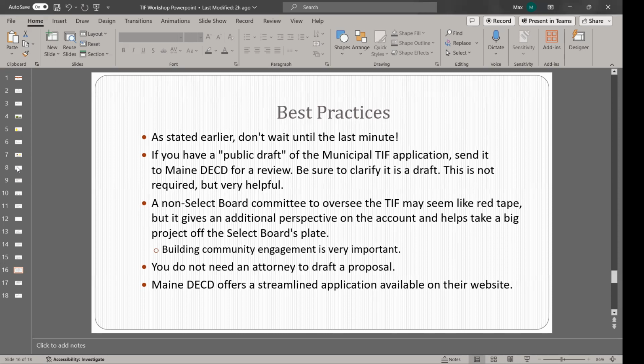That's my personal perspective. But if your town says, we don't need a TIF, we understand what it is, but we just don't need it, I'm fine with that. That's your decision. And that's why community engagement is key for these TIF proposals.